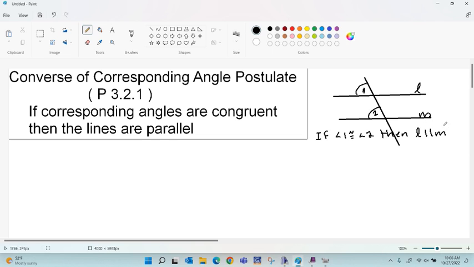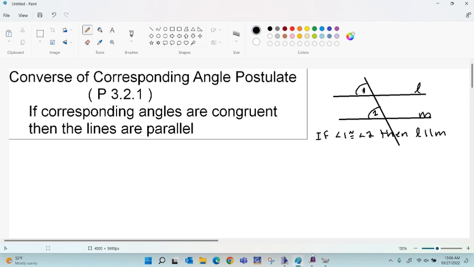So our conclusion in this converse statement is that we have parallel lines. The originals we talked about yesterday, the conclusion was that we had congruent angles. And hopefully by the end it'll make sense why we need both of them.